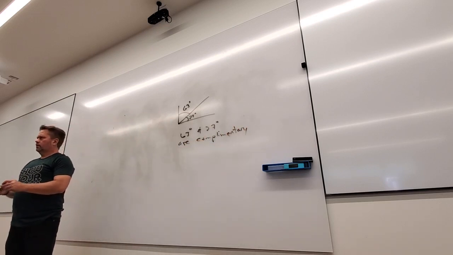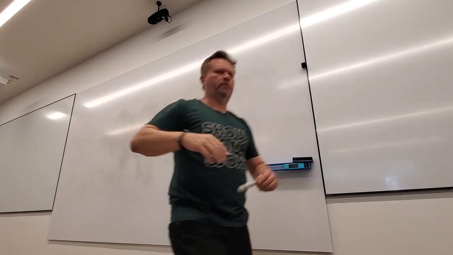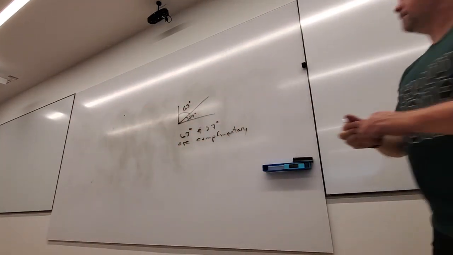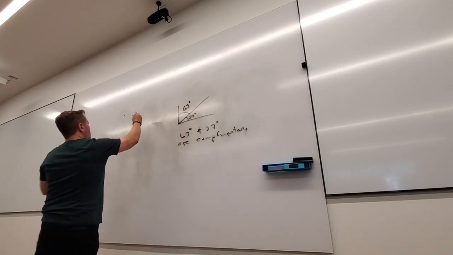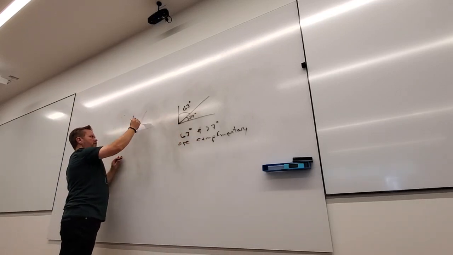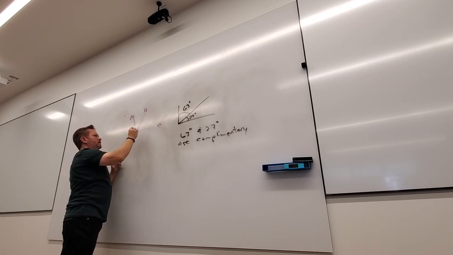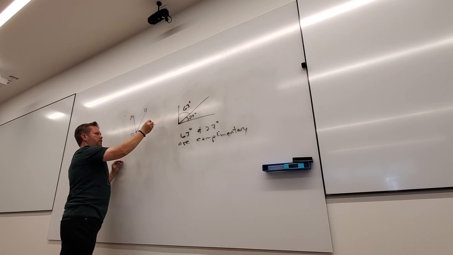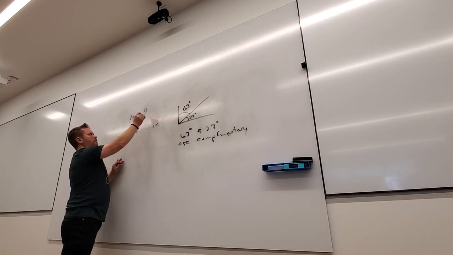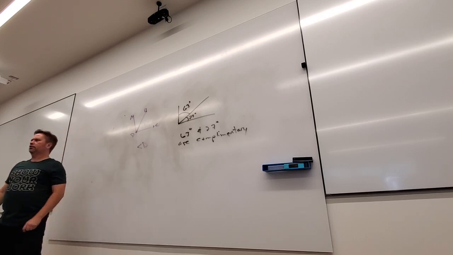Drawing that picture makes me remember something I wanted to say earlier. Let me put it up here right now. If I have two angles here, let me label this A, B, C, D. If I say angle D, is that good enough?